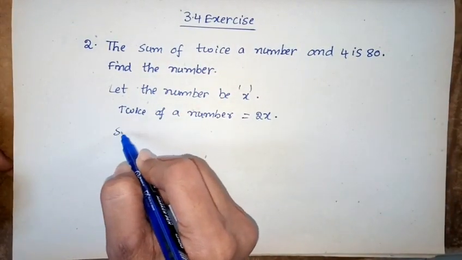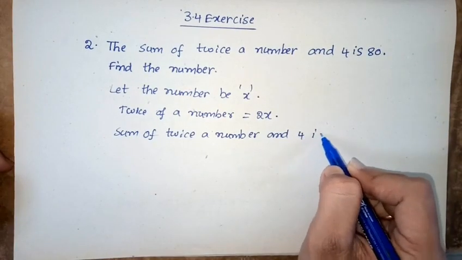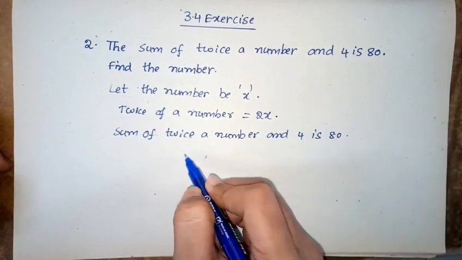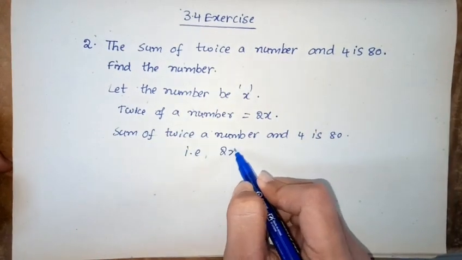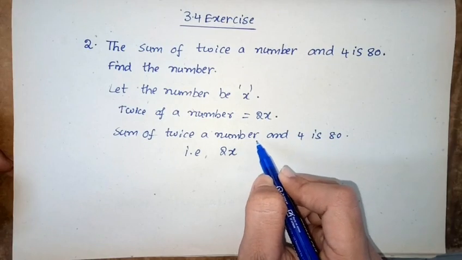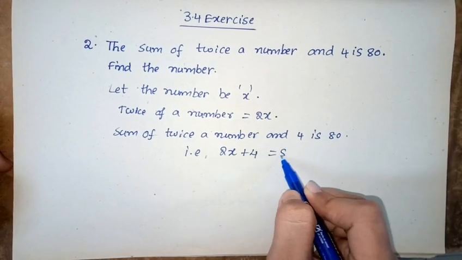So the sum of twice of a number, which is 2x, and 4 is 80. So that is 2x plus 4 is equal to 80.